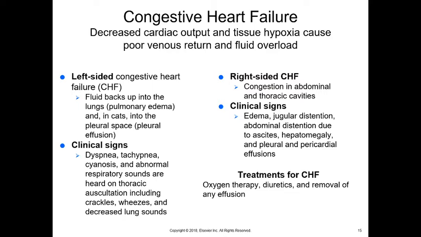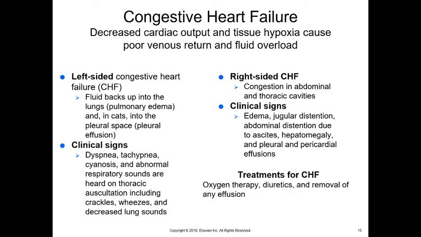When we get to congestive heart failure, this happens because when the pump fails, then fluids back up. And depending on which side of the pump fails, the left side or the right side, is where the fluid will build up behind it. So decreased cardiac output means decreased blood flow through the heart and out of the heart.